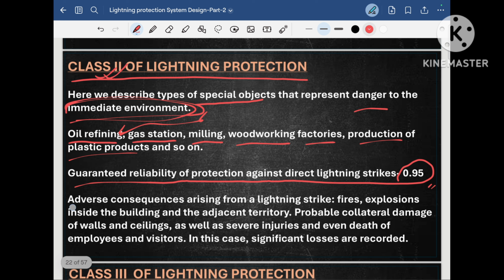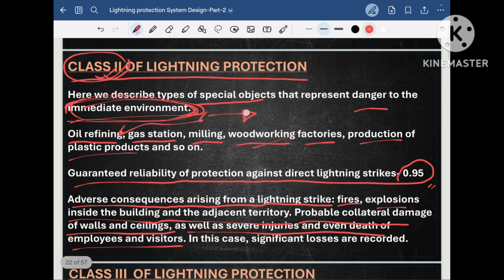Okay, the adverse consequences arising from a lightning strike for such a project are fire, explosion inside the building and the adjacent territory, probable collateral damage to the wall and ceiling, as well as severe damage and even death to the employee or visitor. So we have to understand that class 2 protection is required for those projects which are a danger to the immediate environment, and class 1 protection is required for those projects which are a danger to the environment itself, ecology itself.